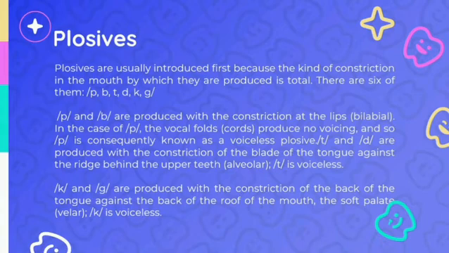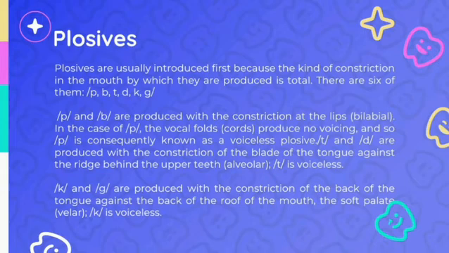There are 6 of them: p, b, t, d, k, g. P and b are produced with the constriction at the lips, or bilabial.